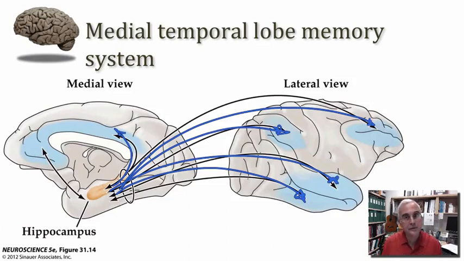So there must be plasticity in the connections back from the parahippocampal gyrus cortex into these various associational regions that are associated with vision and audition and olfaction and even gustation, perhaps even the vestibular sense, although we know much less about that sense in terms of cortical processing and memory.